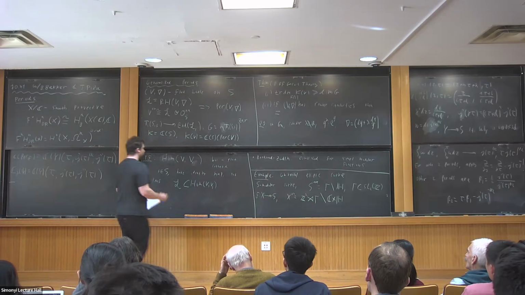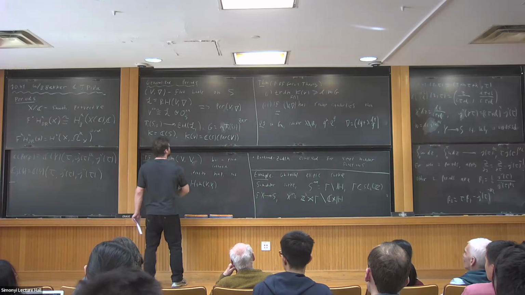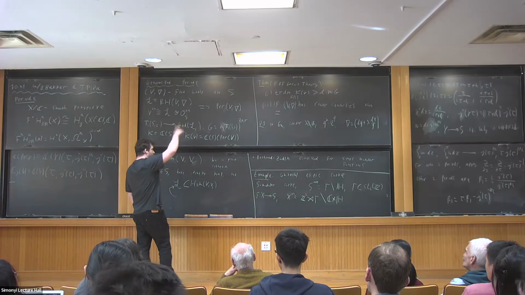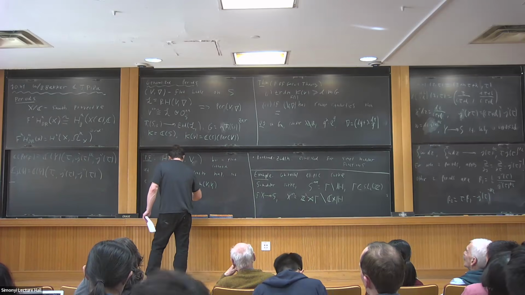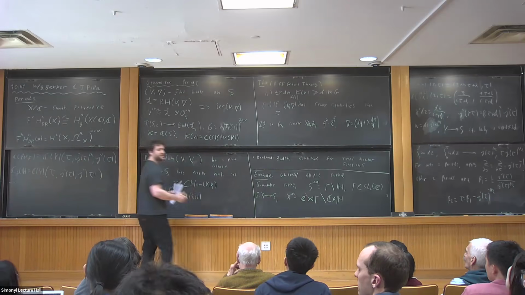Now, because of the way things are defined, this L is acted on, as I go around, by the image of pi_1 of S based at little s.